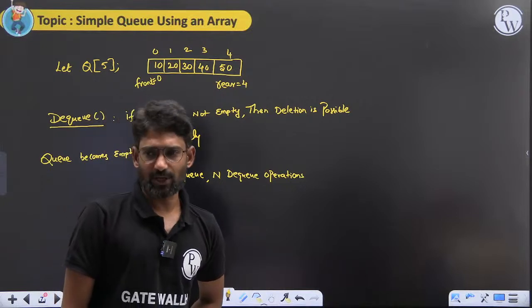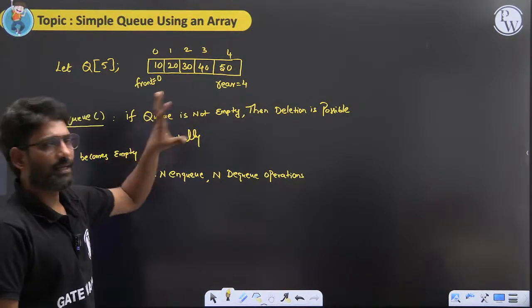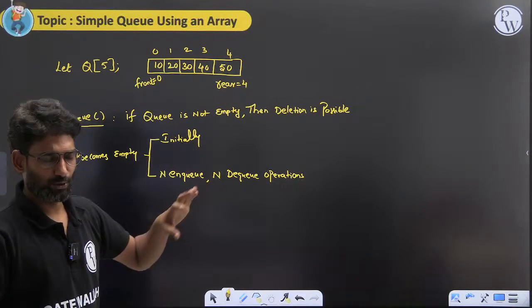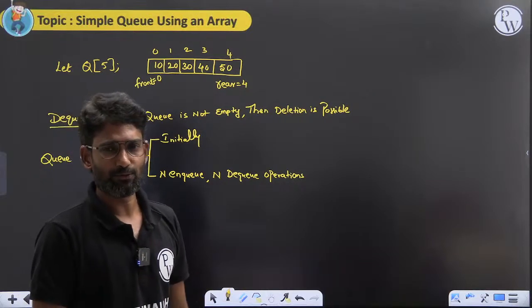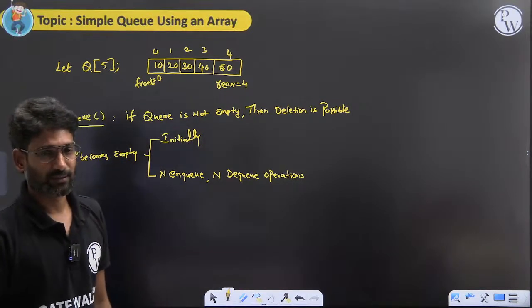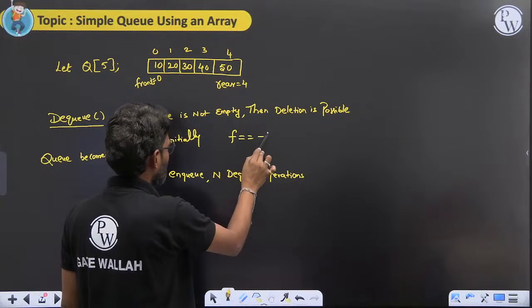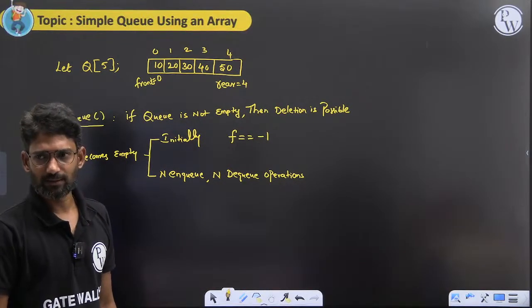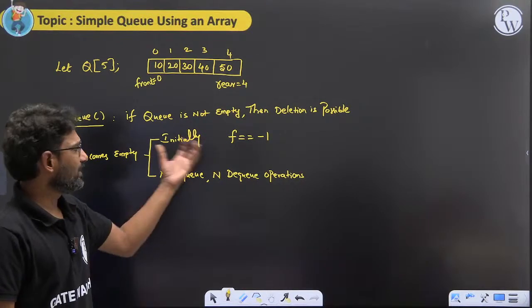So let's check how we can detect it. Initially, when nothing is in the queue, you did not do anything, what would be the front and rear values? -1. So when front is equal to -1, this is the initial case.